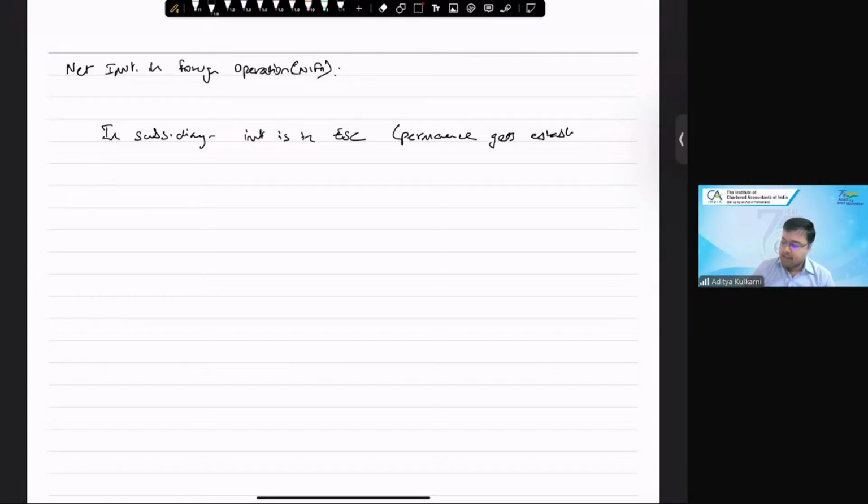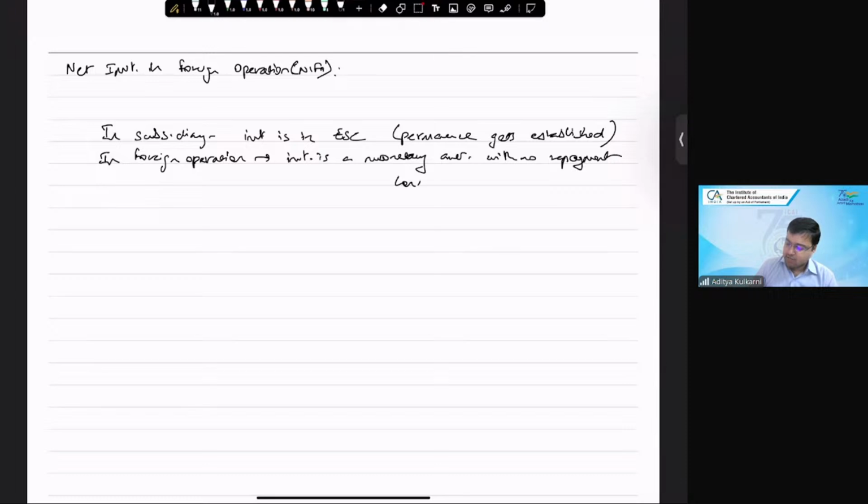But in foreign operations, investment is a monetary amount with no repayment conditions. Tell me one thing, if there are no repayment conditions, can I say that there is a degree of permanence to my investment?